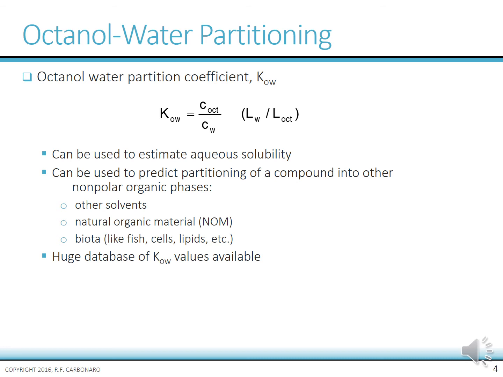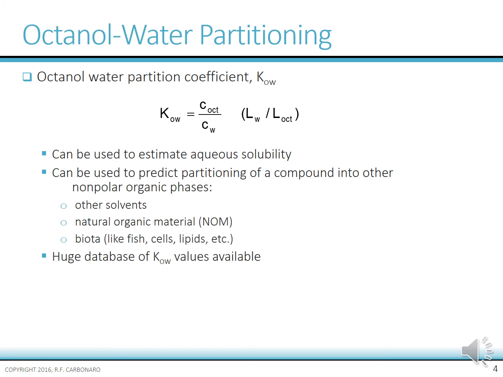So here I'm actually not showing the KOW as being dimensionless. It's actually the liters of water divided by the liters of octanol. And sure, those liters cancel out, but I keep in these units because I want to remind ourselves that we are talking about the partitioning of the chemical across those two phases.